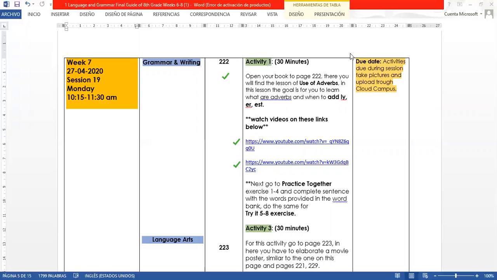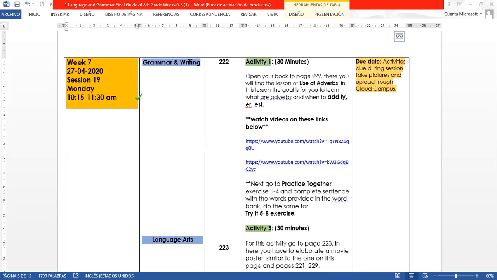For this, I would like for you to go to your book. I have an image here of the page, the use of adverbs that you see on page 222, which is this one. It says to describe, use an adverb to describe a verb, and adverbs often end in ly.